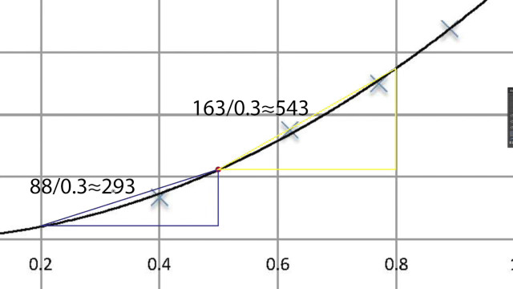Look at these figures, because it's important to realise that none of them are the answer we seek. However, 293 is too small for the gradient we're looking for, and 543 is too big. This is not very satisfactory, so how are we going to do better than this? The answer is to zoom in and make smaller gradient triangles.